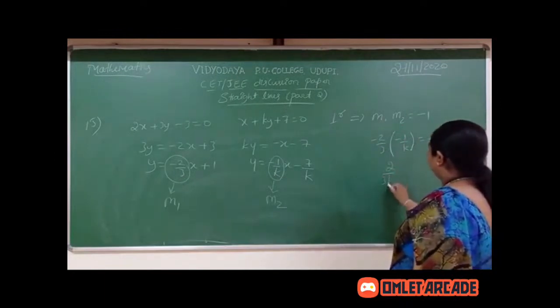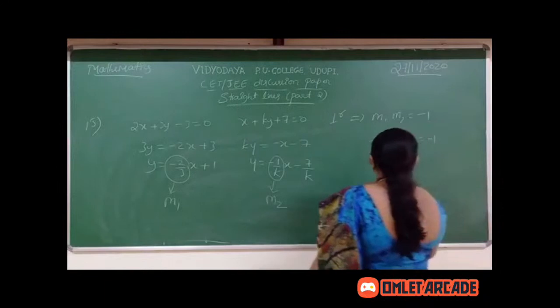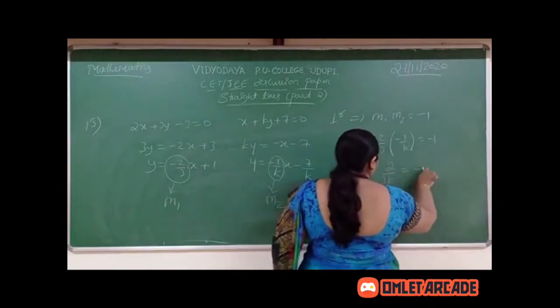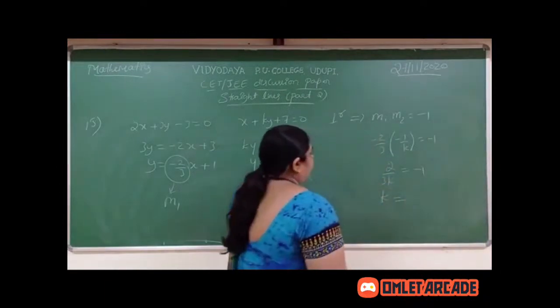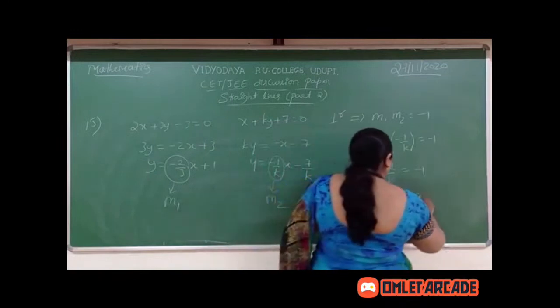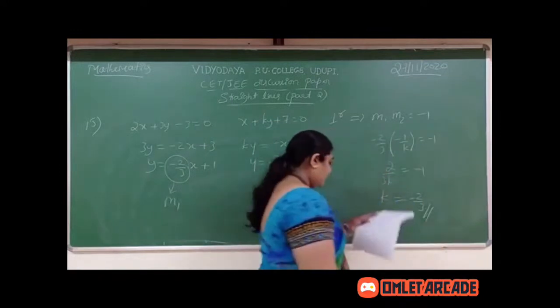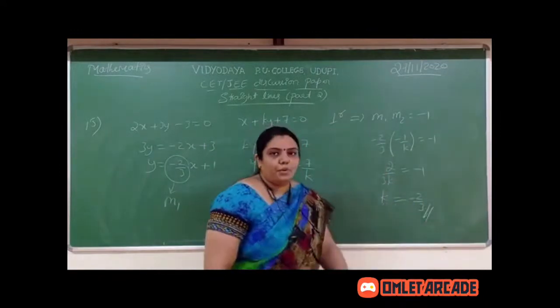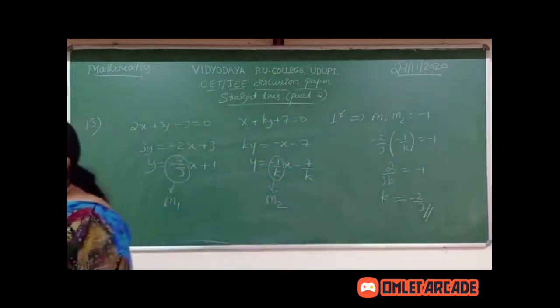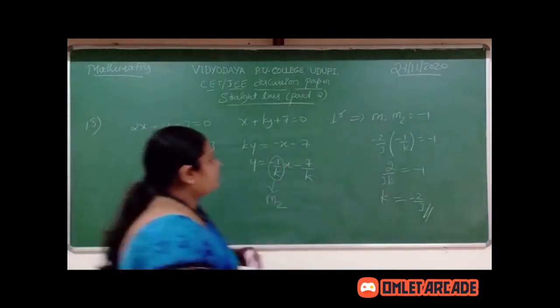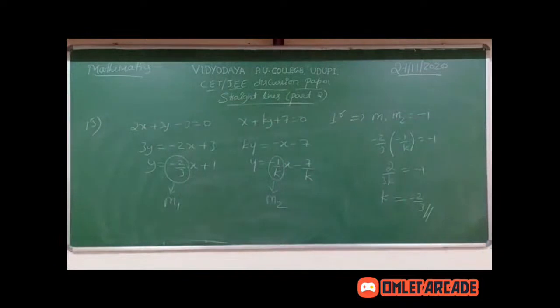So 2 by 3k is equal to minus 1. So the k value is minus 2 by 3. Option number 4, isn't it? So it's very simple. We are using the perpendicularity condition here.